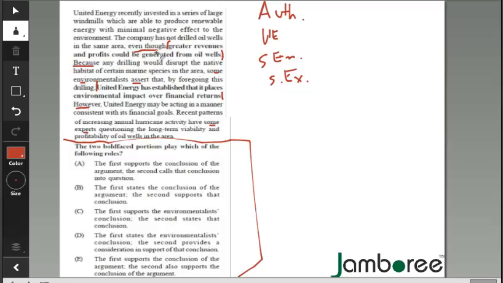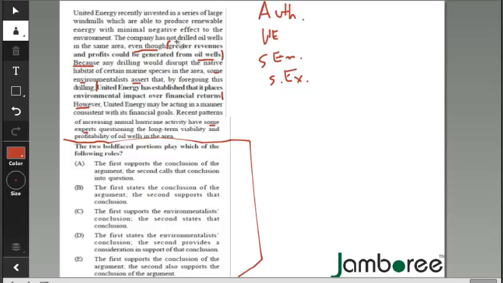So "even though" is a contrast word. Greater revenues and profits could be generated from oil wells, right? So this is a fact, but the company is not drilling. So it's contradictory, right? There is this statement that says the company has not drilled oil wells in the same area, even though greater revenues and profits could be generated from oil wells.